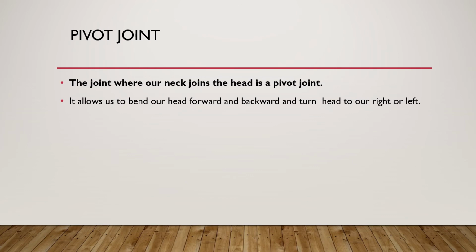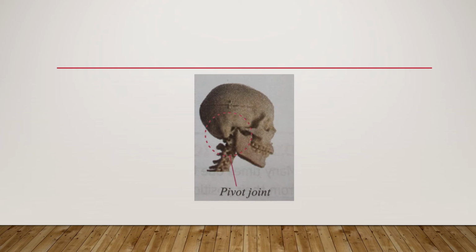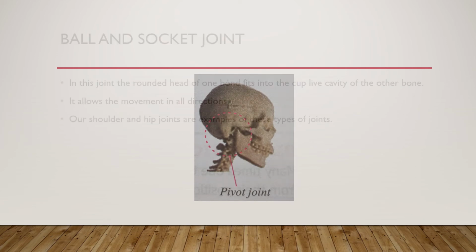Where our neck joins our head, it is known as the pivotal joint, and it allows us to bend our head forward and backward, and also to turn our head to the right and to the left. Here we can see the location of the pivot joint.